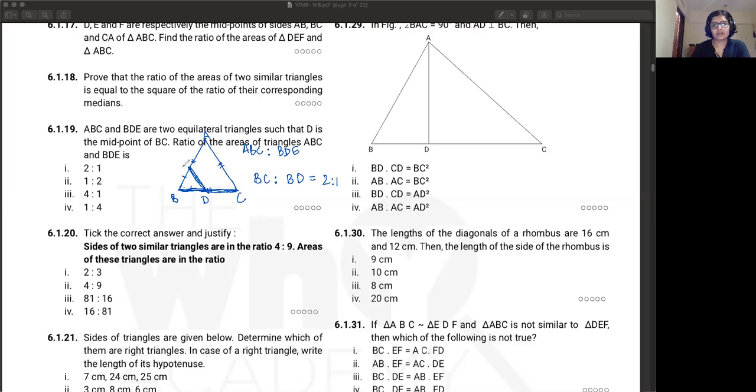Now, would you say triangle BDE is similar to triangle ABC? Yes. Okay, similar है, prove कर सकते हो. Then what is the ratio of area of triangle ABC is to area of triangle BDE?